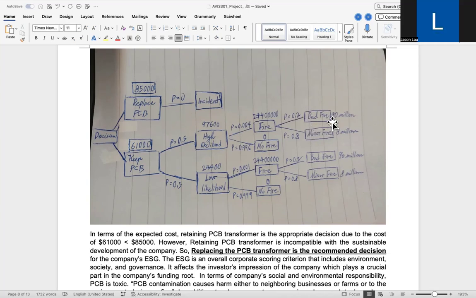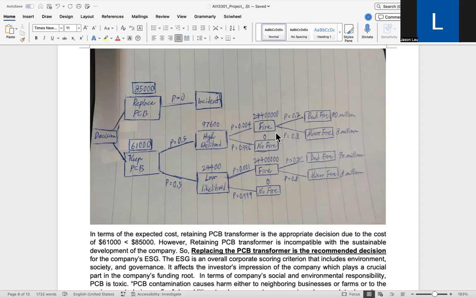On the bad fire, we have the 90 million budget, and on the minor fire, we have the 8 million budget. The probability of the bad fire is 0.2 and the minor fire is 0.8.